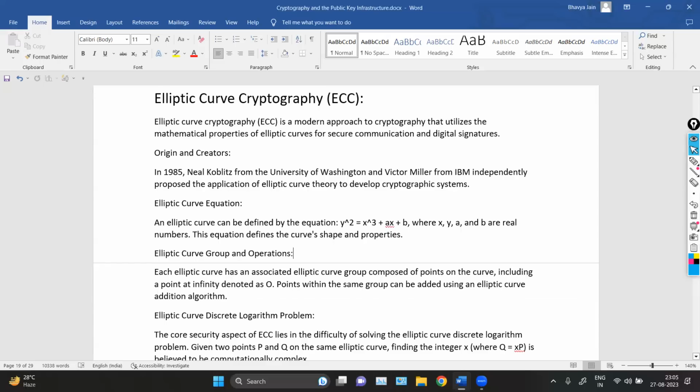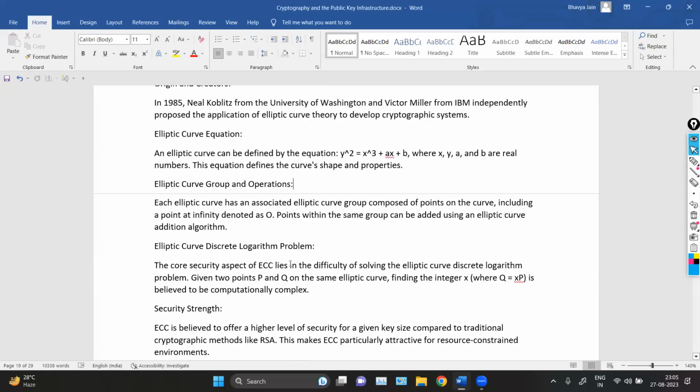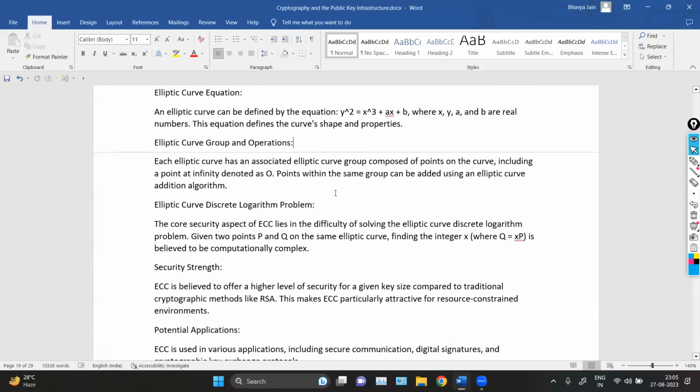Then we have groups and operations. Each elliptic curve has an associated elliptic curve group composed of points on the curve, including a point at infinity denoted as O. Points within the same group can be added using an elliptic curve addition algorithm.